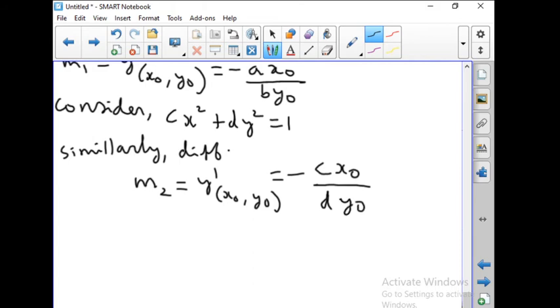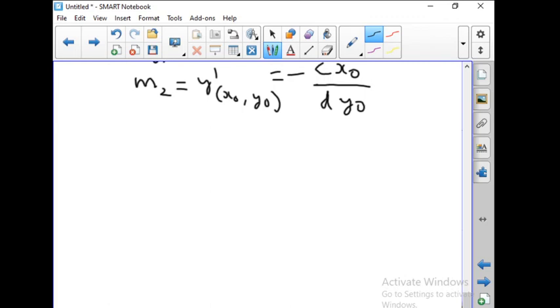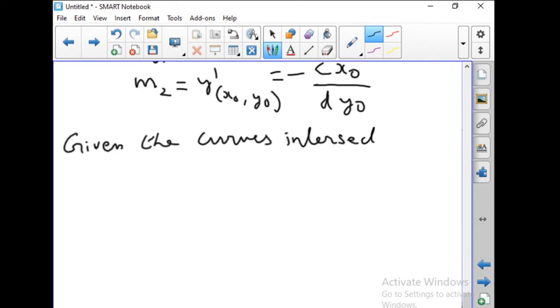Now, given the two curves intersect each other orthogonally, therefore what do you have?